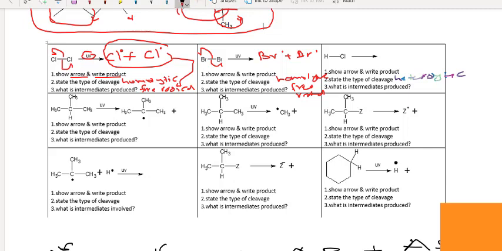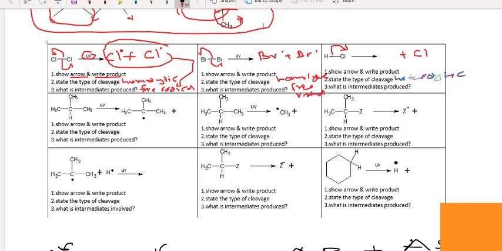So show the arrow. So you have to show the arrow. When heterolytic cleavage, the bond is breaking unsymmetrically, meaning that these two electrons in the bond, both of electron will be given to Cl. Dan arrow mesti dua kepala macam ni. Okay. Yang ni satu kepala je kan, homolytic. Yang ni mesti dua kepala, double headed arrow. So Cl will be receiving 2 electrons. Dia tak boleh jadi Cl dot.